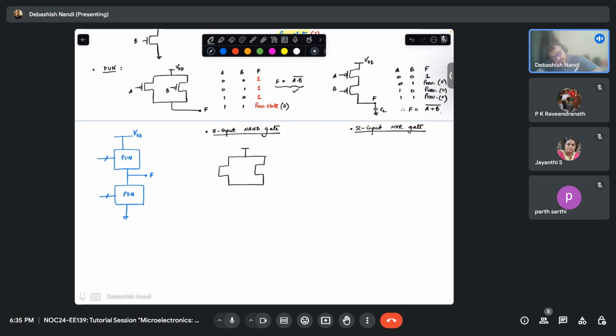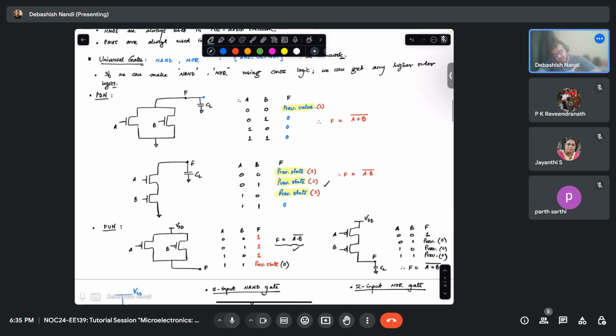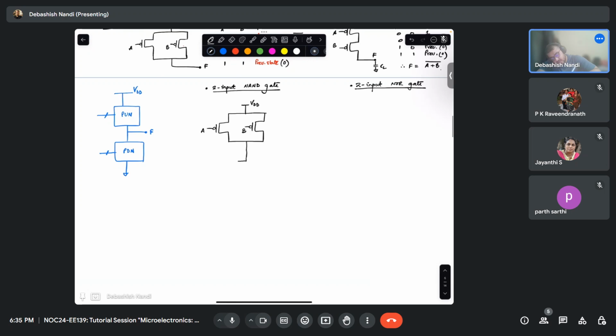So this is VDD, and these are my inputs. And now I want to construct my PDN. PDN for NAND was this one. So let's say this is A, this is B, and this will be my output F. Okay.